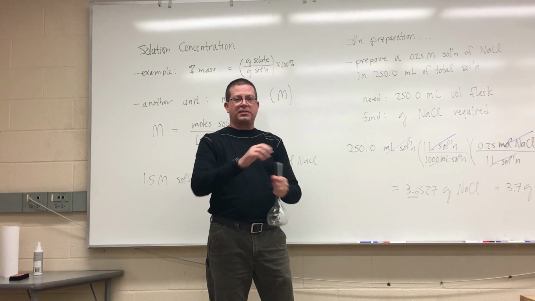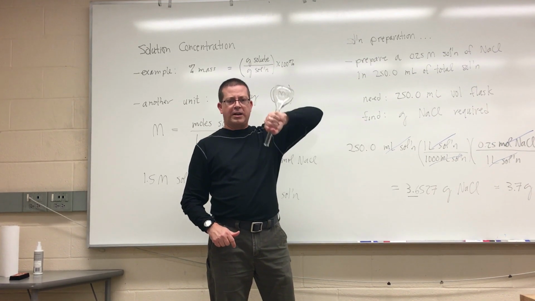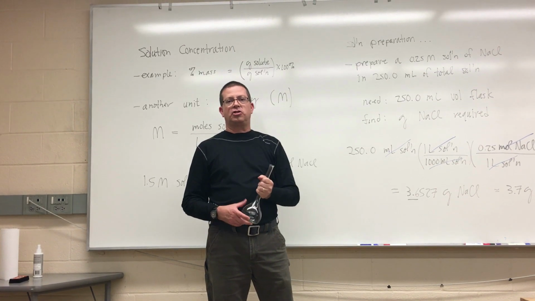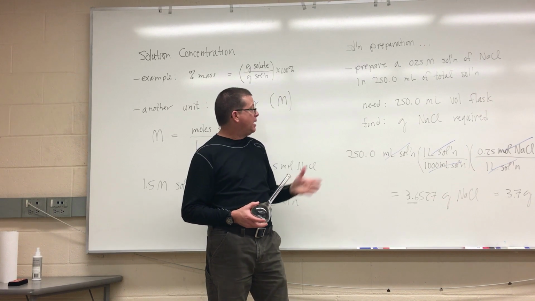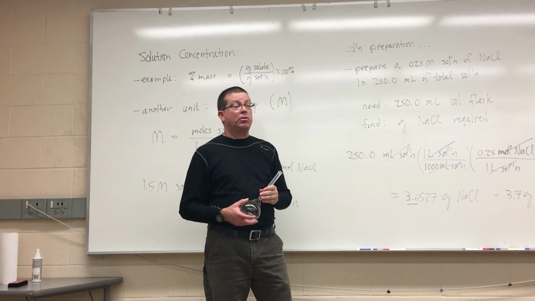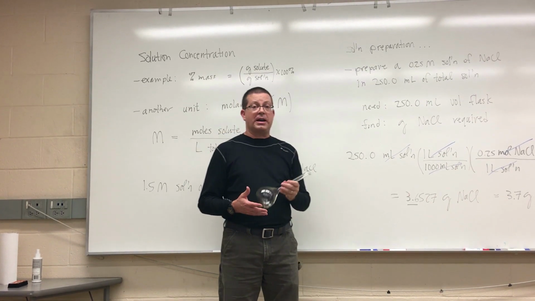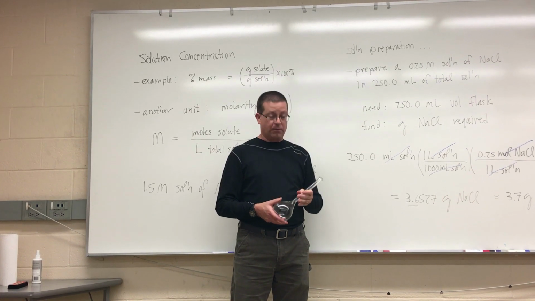I would then stopper this, and invert it 20 to 50 times to make sure that the solution is properly mixed. At that point, I've got a 0.25 molar solution of sodium chloride in my 250 milliliter volumetric flask.